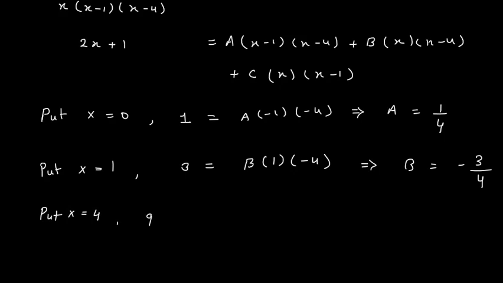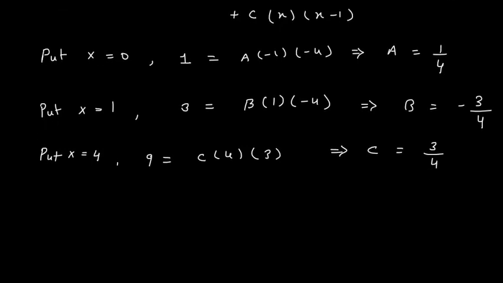So my left hand side will become 9, equal to the right hand side, which is c into 4 into (4 minus 1). 4 minus 1 is 3. So 4 threes are 12. Now this 3 and 3 we can cancel. So from here the value of c is equal to 3 divided by 4. Okay. So therefore we got the values of a, b, c.